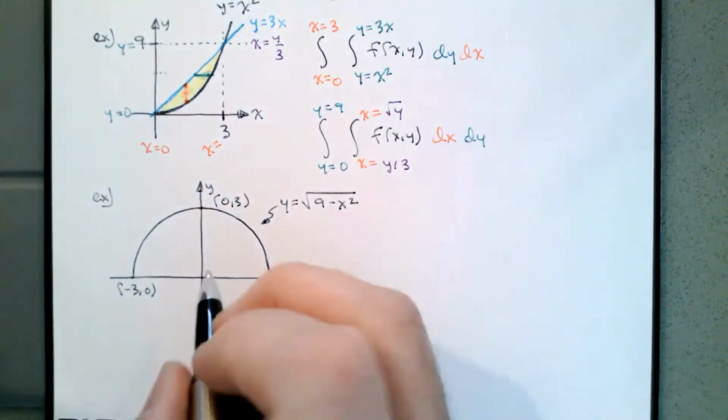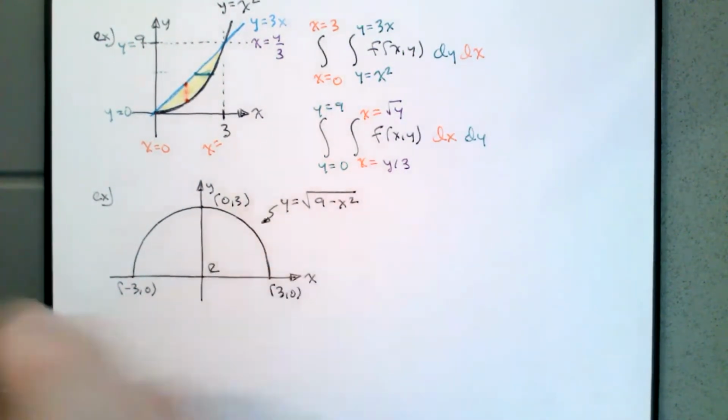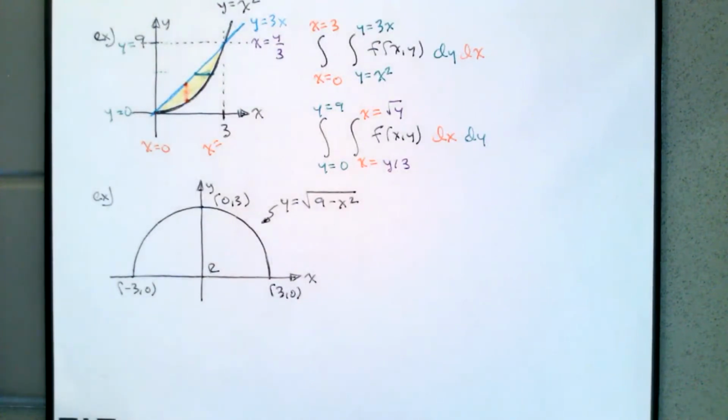And we want to describe this region with a double integral in both directions, even though one direction is going to be kind of inconvenient for us.